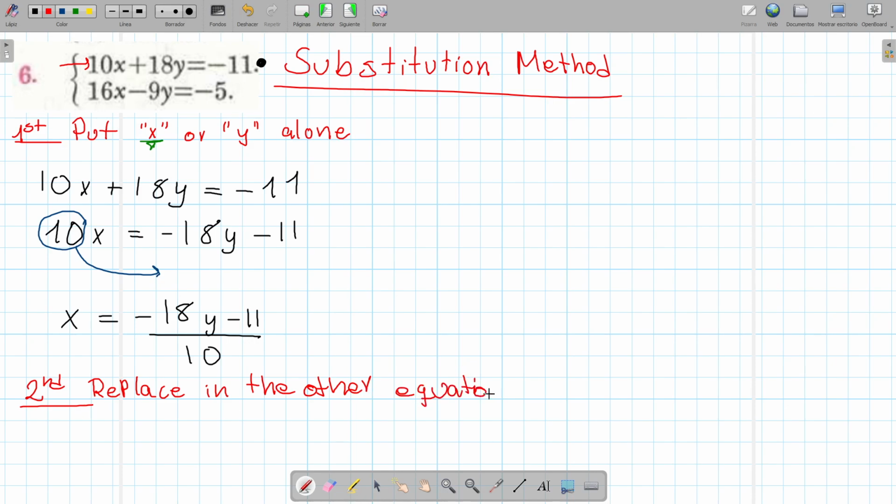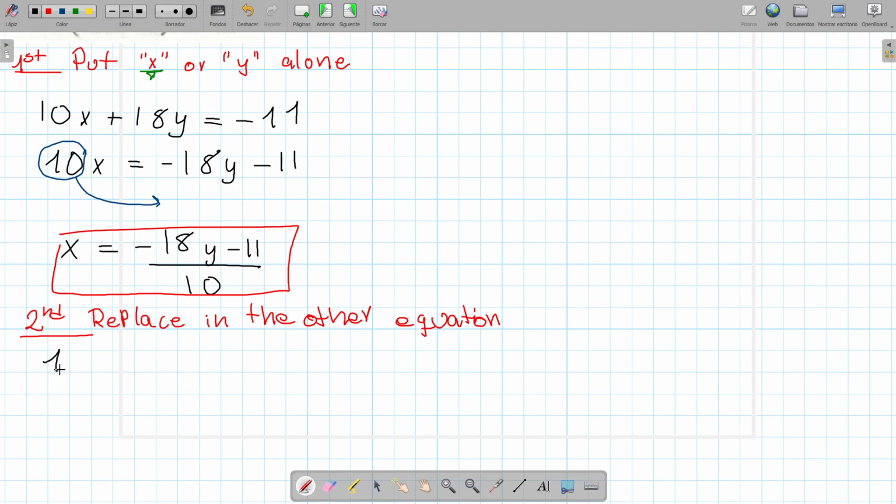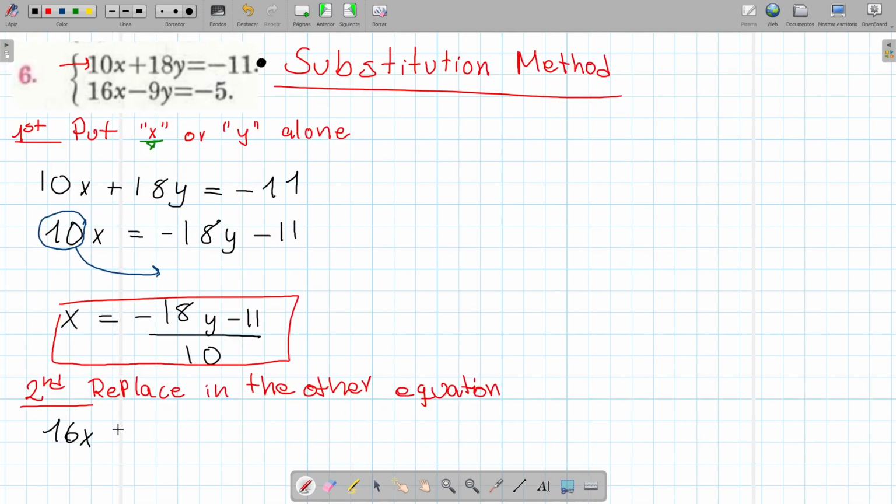The first equation is the one that I have chosen, and I will replace this value of x in the second one. The other equation is 16x minus 9y equals minus 5.